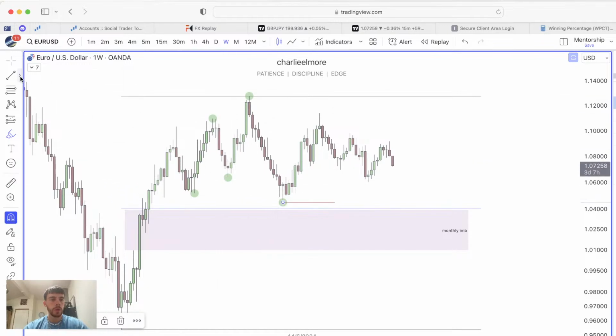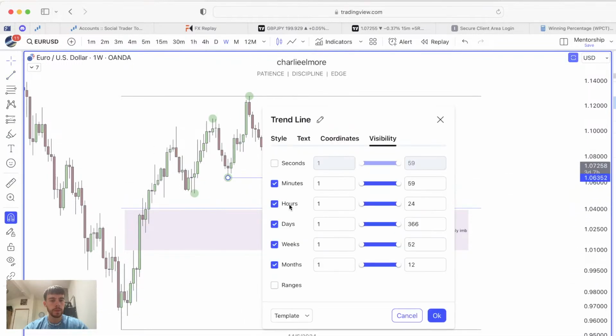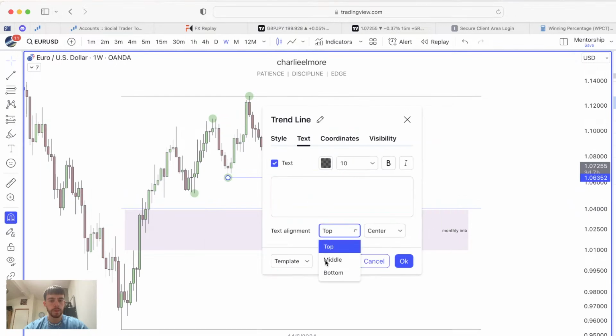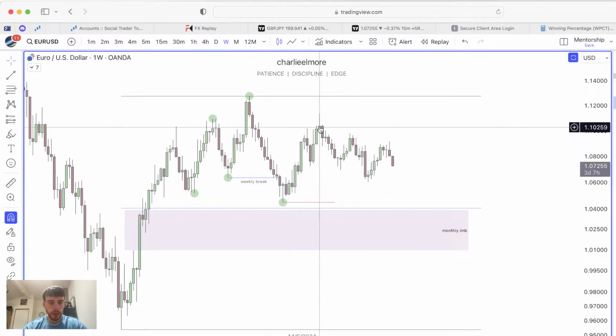Okay, broke that structure right there. Weekly break. Comes back into premium prices very nicely, and we trickle to the downside.